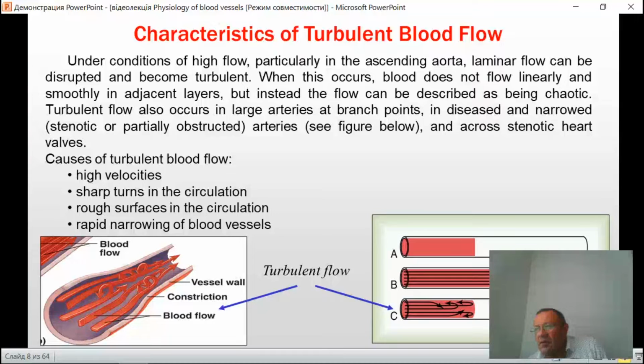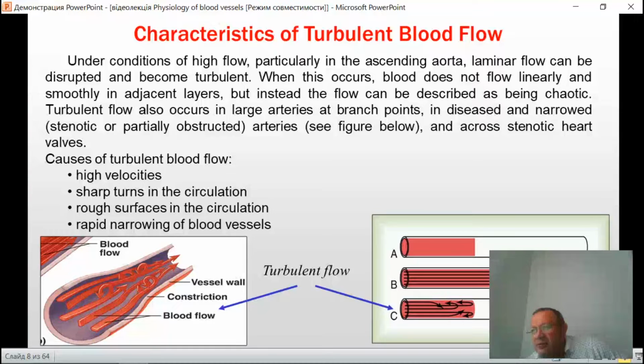Turbulent flow also occurs in large arteries at branch points, in diseased and narrowed, like stenotic or partially obstructed, arteries, see figure below, and across stenotic heart valves.